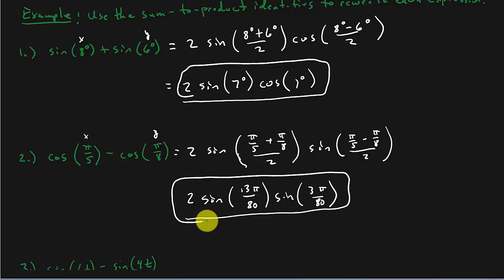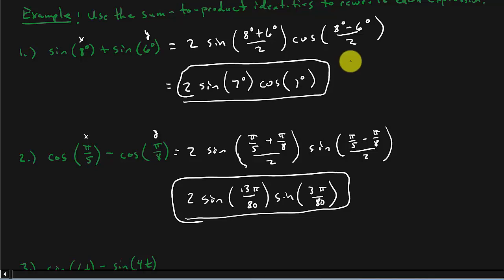So there's a couple of ways you can do this. I'm going to show you the easiest way to do it. So let's just come up here and do it. We got pi over 5 plus pi over 8 over 2. All right, so how do we get that? Well, this is just a complex fraction. So you can look at this 2 as being over 1.